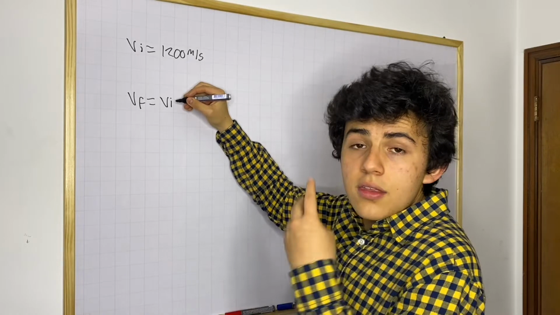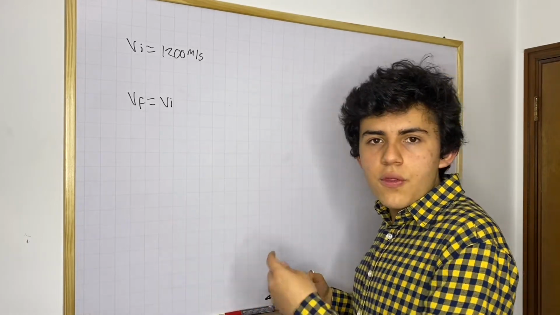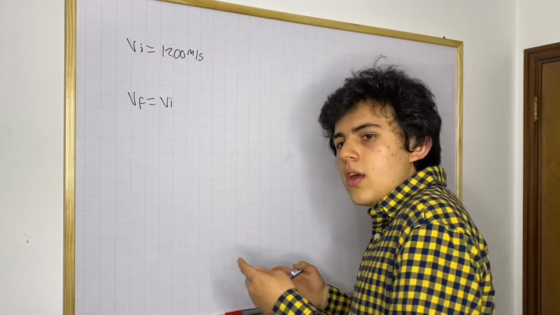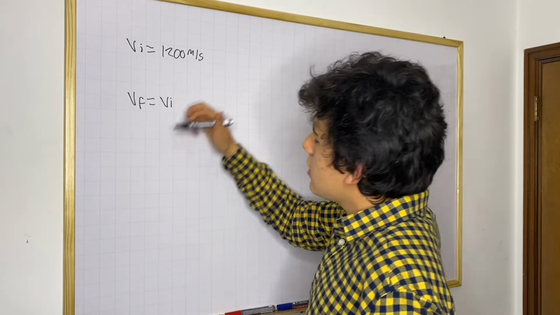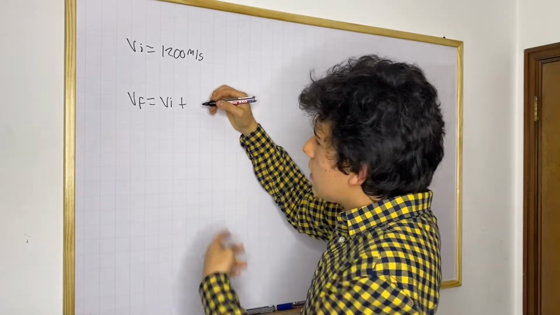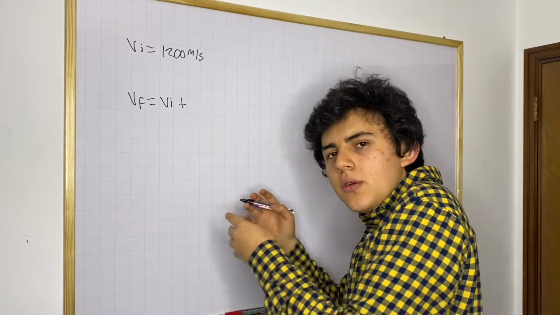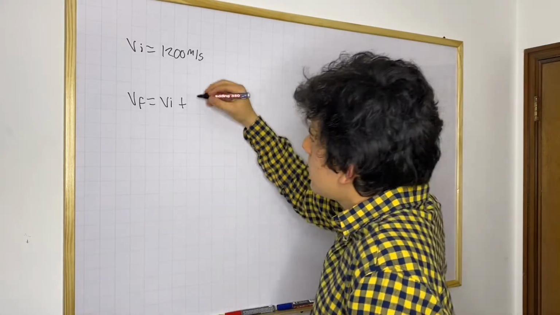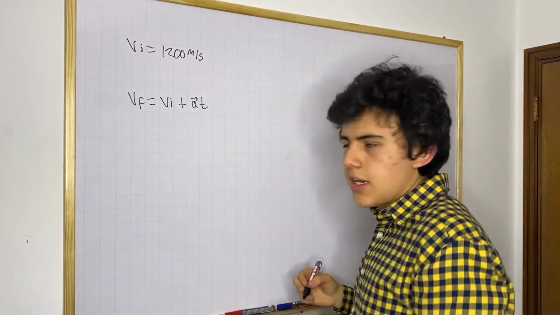Remember, in the derivation of the quadratic equation for the displacement function, there is this equation right here, in which final velocity is equal to your initial velocity plus the change that you need to reach that final velocity, which is just acceleration times time.